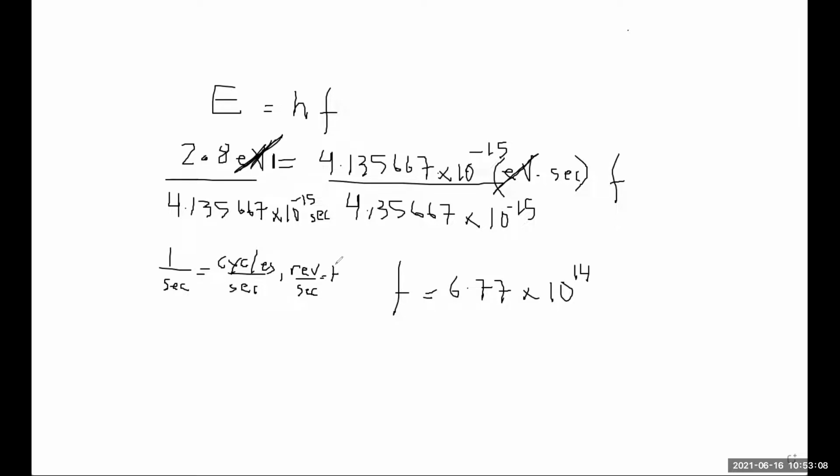A hertz is a cycle per second. In other words, cycles and revolutions are actually not really units. It's just something we can replace one with, one of a cycle or one of a revolution. So when you have a unit of 1 over a second, that's actually units of frequency. So we can now write this as hertz.